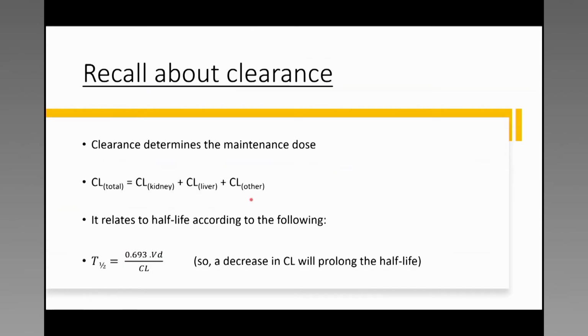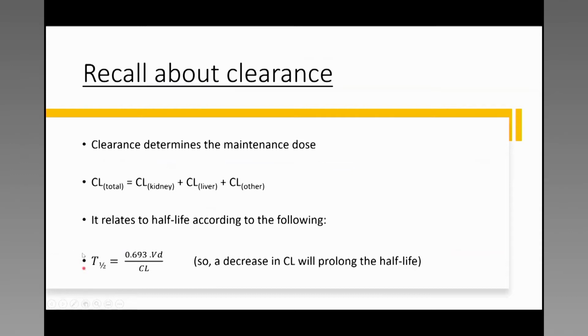We won't be talking about dialysis today because I understand that's been covered by another presentation. So when we're thinking about the total clearance of a drug, we need to think about all these various parts. As we can imagine, in patients with chronic kidney disease, we'd usually assume that this is the only component that would change, the kidney, and the others would remain the same. We're going to be talking more about that later.